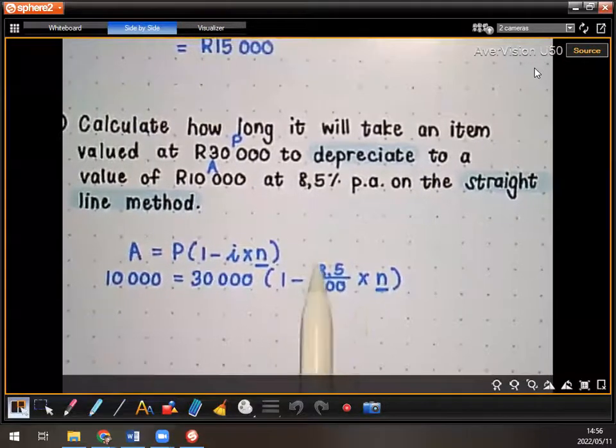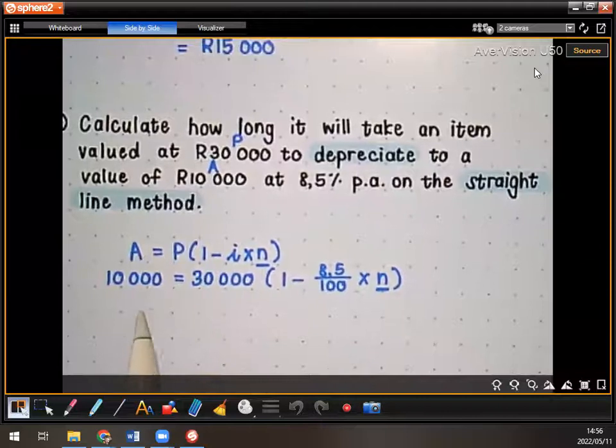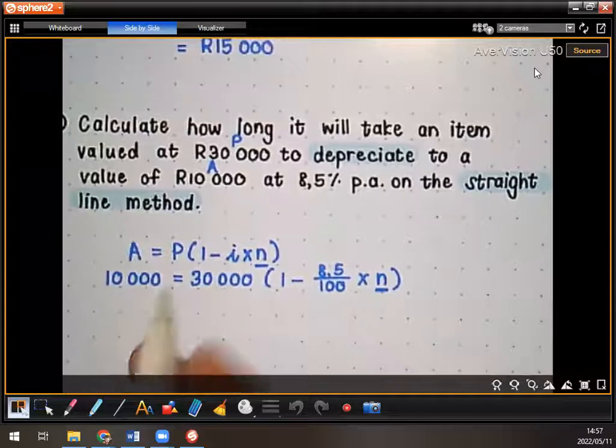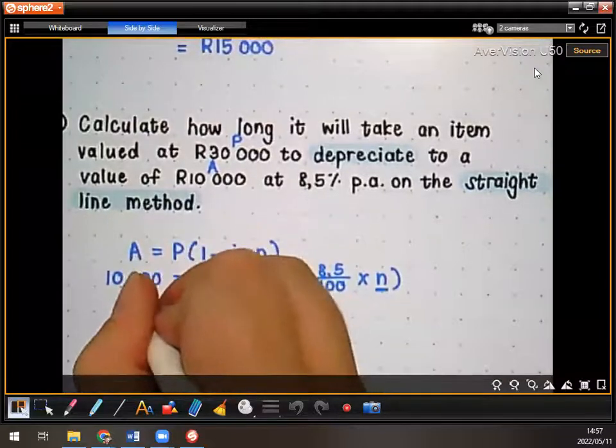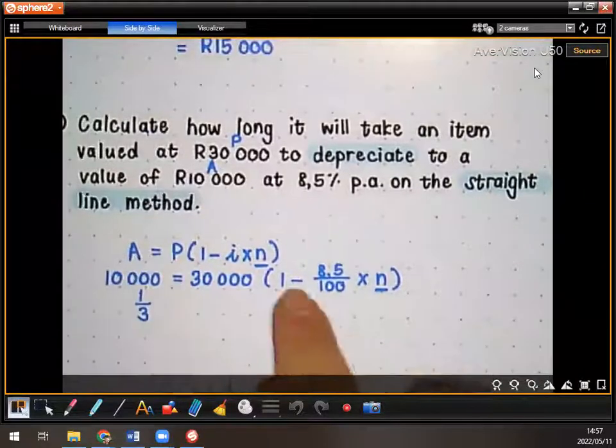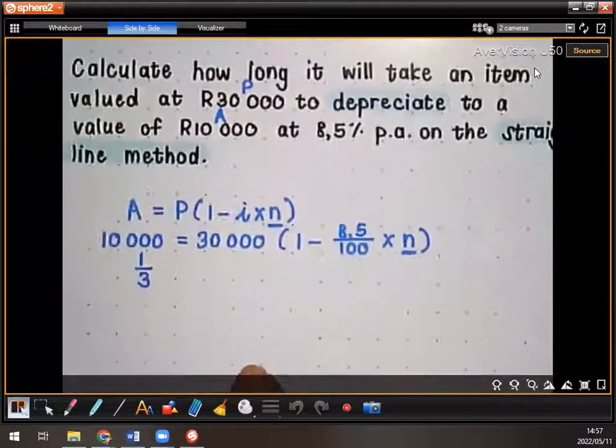Before we start moving stuff in the bracket, we need to get rid of this 30,000. I'm multiplying the bracket by 30,000, so when I move it, I'm going to divide by 30,000. So what is 10,000 divided by 30,000? That's just a third. You can type it into the calculator if you're not sure of that, that's fine. 10,000 divided by 30,000 is 1/3.